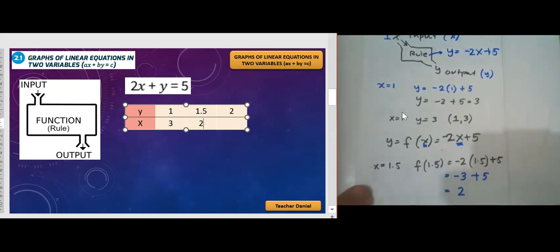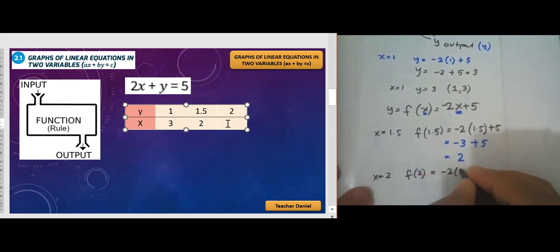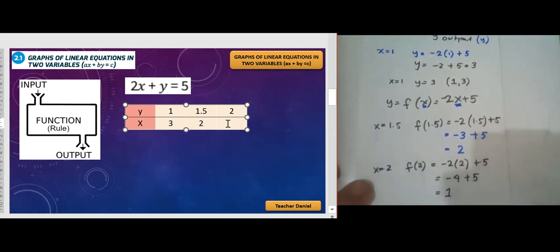Let's put there 2. And the last one, maybe you can try by yourself. You can pause the video and then check your work. So you have -2 times 2 + 5, which is -4 + 5, equal to 1.